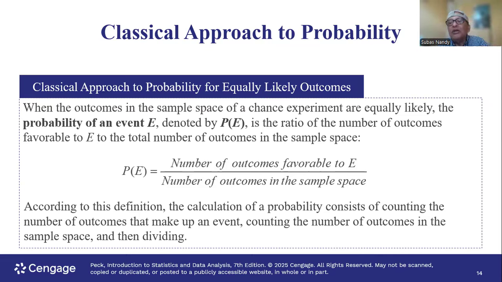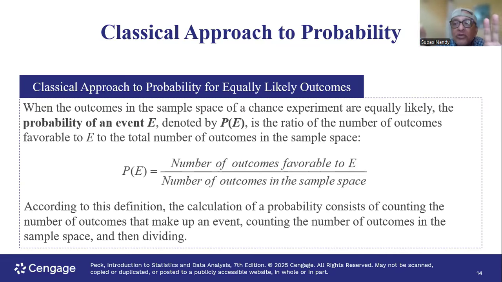So the probability of head is 1 out of 2. Why? One face contains head. There are a total of two faces. So 1, the smaller number, is in the numerator. The larger number, 2 faces, is in the denominator. 1 out of 2, the probability of head in the long run is 0.5.